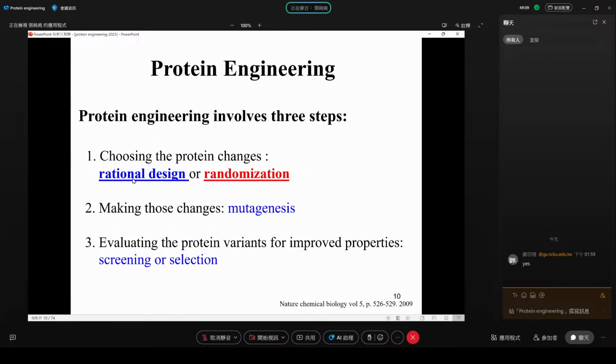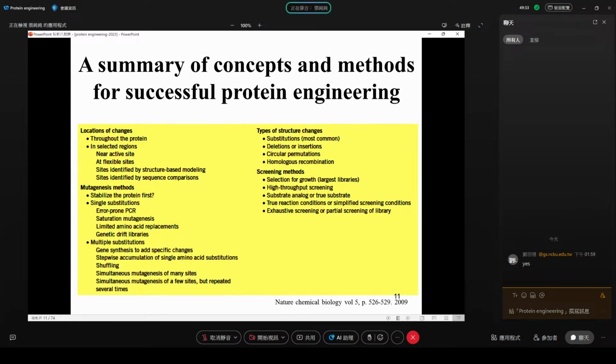That's rational design. But no matter rational design or randomized mutagenesis, eventually, after mutagenesis, you still have to base on the screening or selection result to see which domain or which mutant is the much better version of the protein. Okay, so this paper is quite simple. You can just take a quick look to see the whole history of protein engineering.